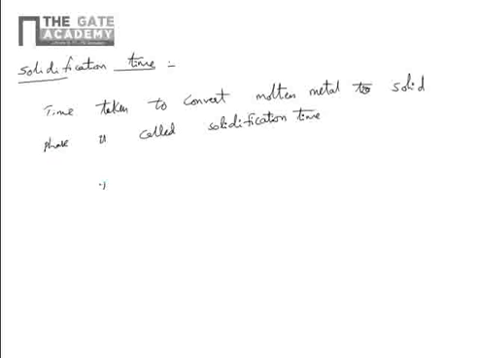So after simplification, solidification time Ts is directly proportional to (V by As) whole square. Solidification time is directly proportional to V, the volume of casting. If volume is more, solidification time is more.